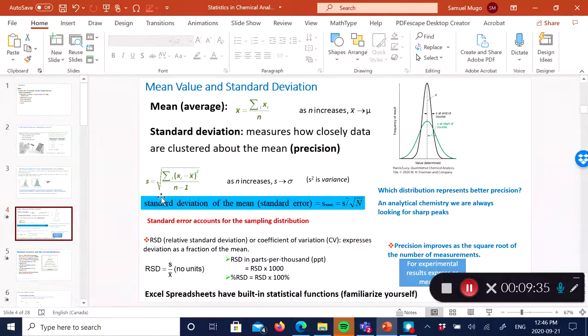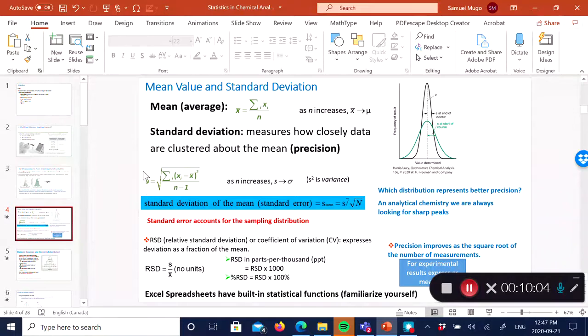If you're talking about a population, and a population refers to when the n is more than, say, 30 different repeats, the degrees of freedom here becomes n. But normally in analytical chemistry, of course, we are dealing with very few repeats, maybe 5, maybe 10. And so the degrees of freedom is normally n minus 1. And so this is the absolute standard deviation.